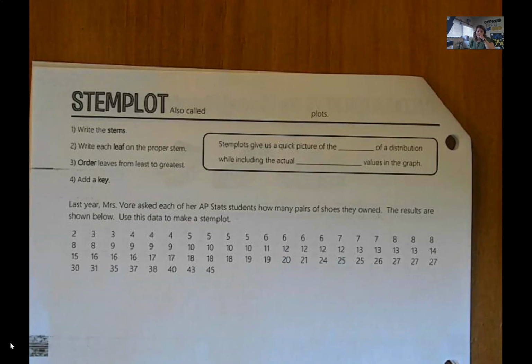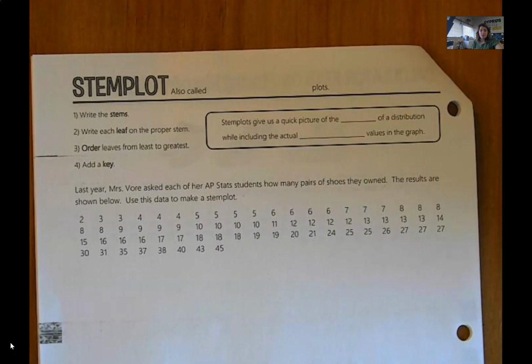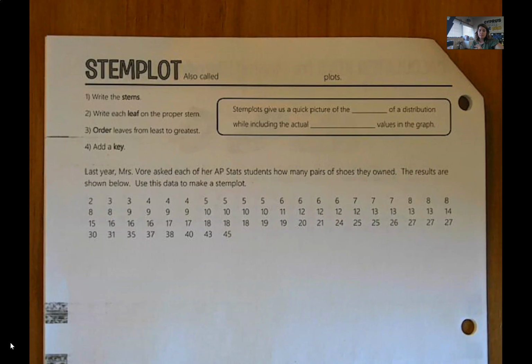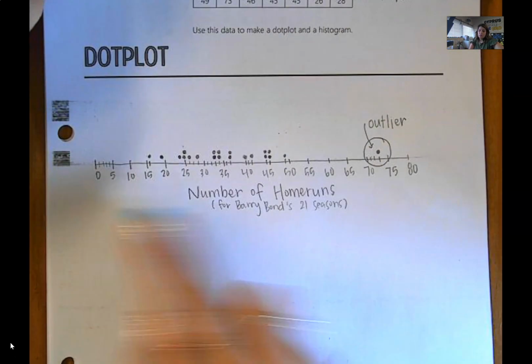Stem plots, I'm on back-to-back stem plot, sorry, I should be on just regular stem plot. Stem plots, I think, are my favorite plot. I love stem plots. I think they're just about as easy as a dot plot, maybe sometimes even easier, because of how you get to write the data down. So for instance, this data set would not have taken so long with a stem plot.